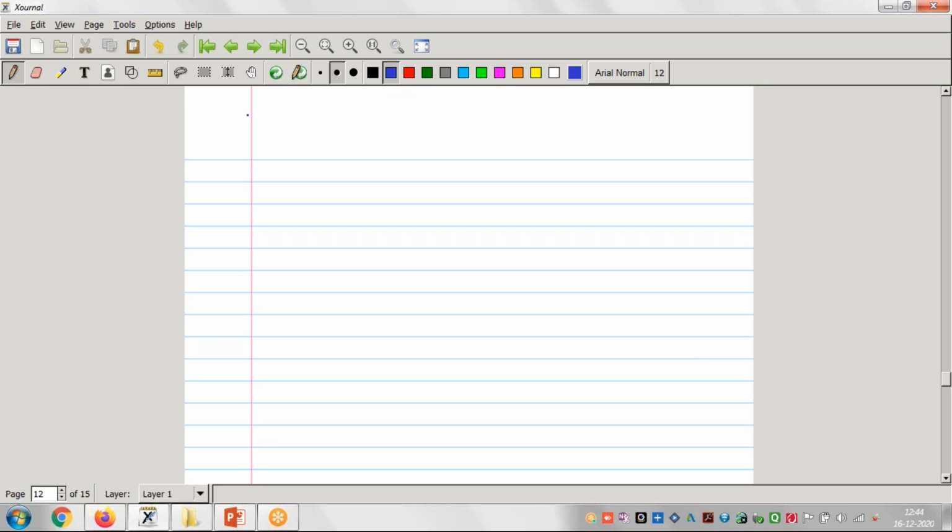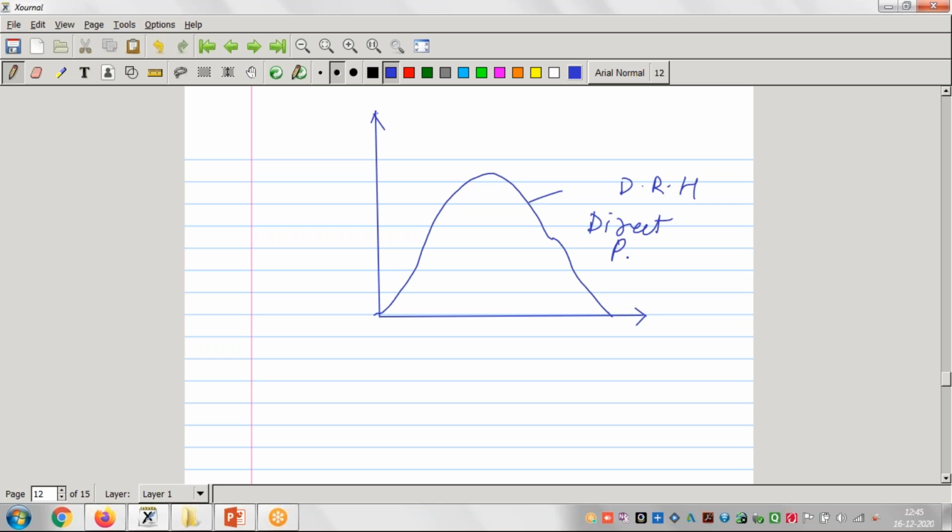See, what is a unit hydrograph? We have the direct runoff hydrograph, right?